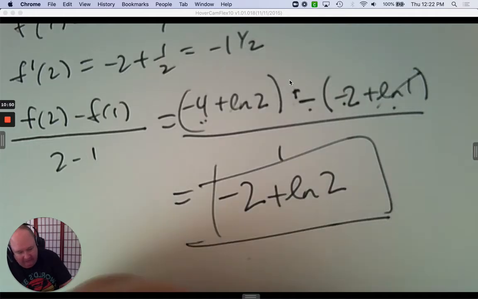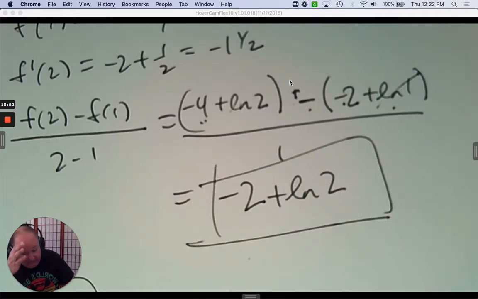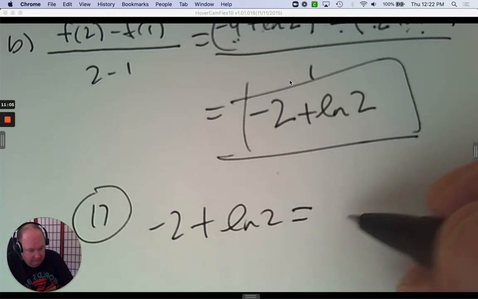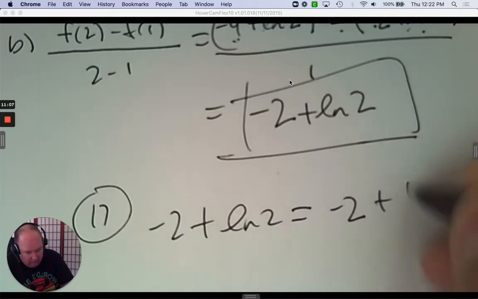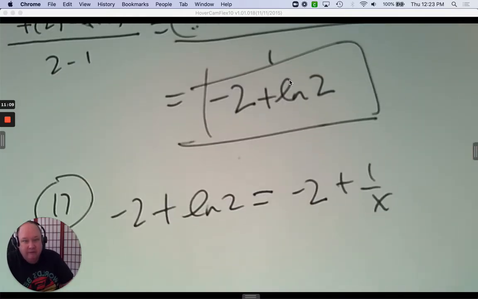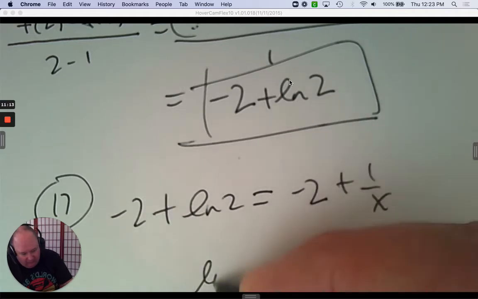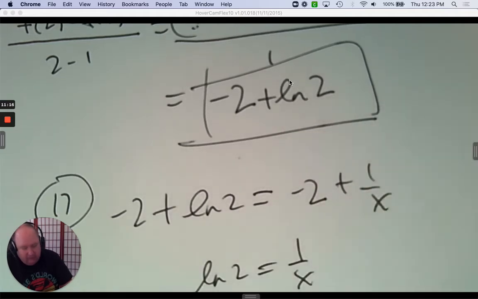Number 17, it says find the c value where IROC equals AROC. So we have negative 2 plus ln 2, make it equal to the derivative, which is negative 2 plus 1 over x. So the negative 2's divide out. So ln 2 equals 1 over x.